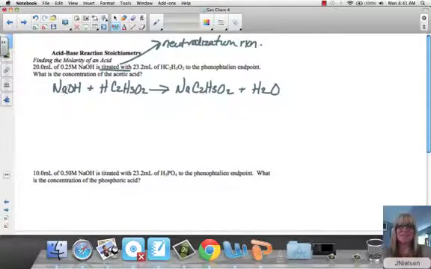So for our NaOH, we've got 0.25 molar, 20 mL, and that's going to give us 5 millimoles. And we know that we used 23.2 milliliters, but we don't know the molarity.